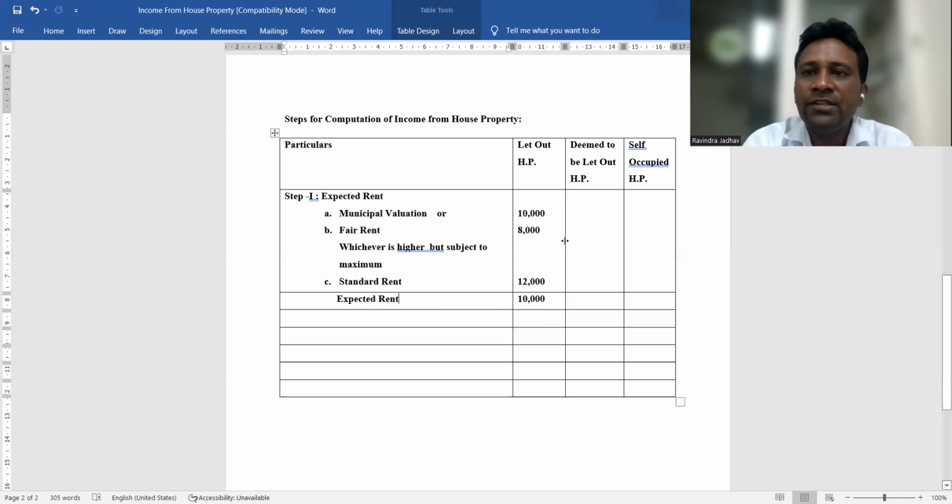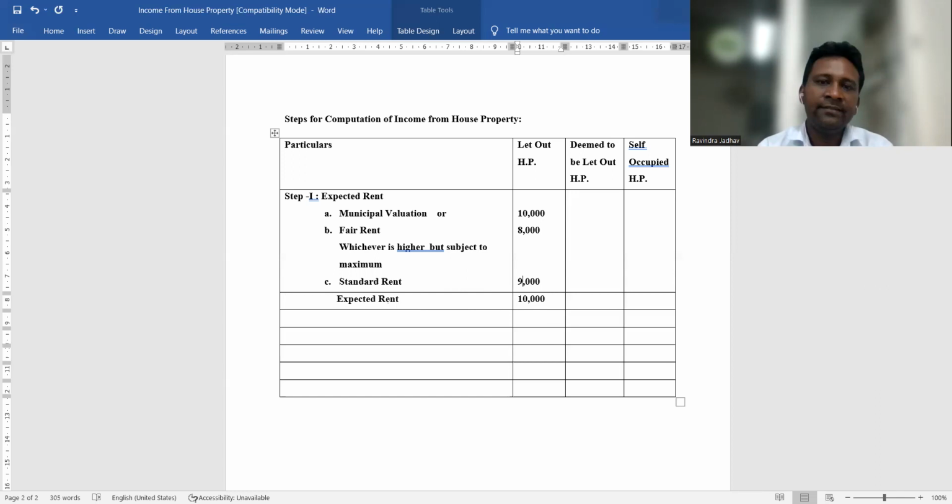Okay, again we just put another figure. For example, in this case, our standard rent is rupees 9,000. Again, compare the above two figures, municipal valuation or fair rent, whichever is higher, rupees 10,000 is higher. Then compare the 10,000 with standard rent, that is rupees 9,000.